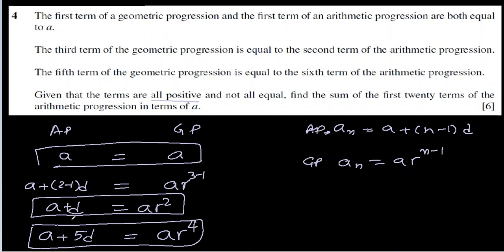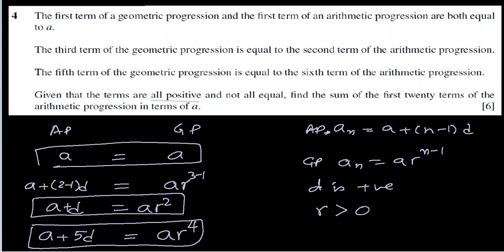It can't go down. If it goes down, sometime it will become negative. So d is positive. That's what we can interpret from this. D is positive, and of course r is also greater than 0, because otherwise if it is less than 0, sometimes it will be negative, sometimes positive. So positive and negative terms are not possible. This is the interpretation of this line.